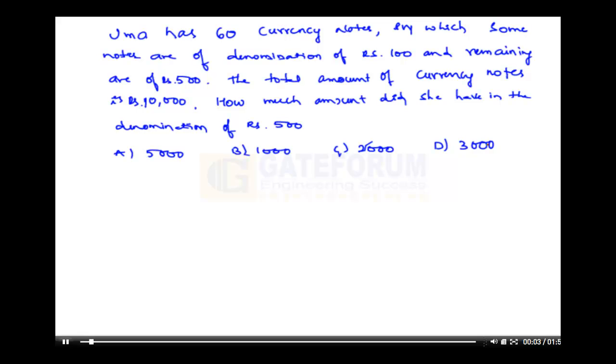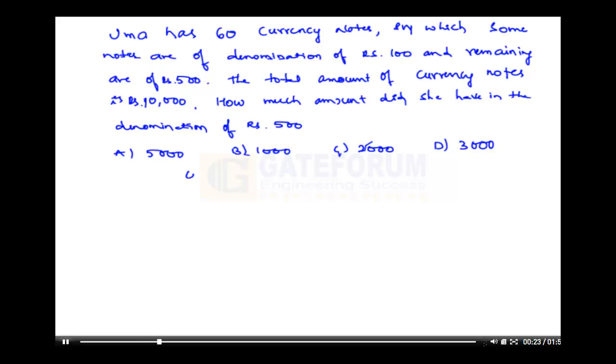Given that Uma has 60 currency notes, some of denomination rupees 100 and the remaining rupees 500. If the total amount of currency notes is 10,000, then how much amount did Uma have in the denomination of rupees 500?